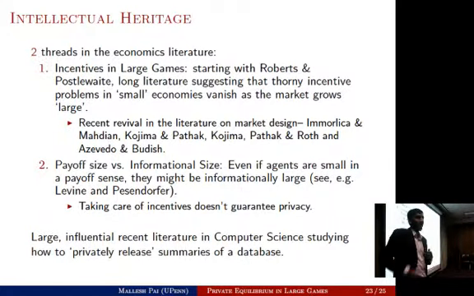By informationally large, you mean, suppose there's a distribution over types, then if you knew my type, maybe it's correlated, so you know everyone else's. Well, I've got independence in my world, but think about it this way. Even if I don't impact your payoff by very much, you might be able to figure out a lot about my type.